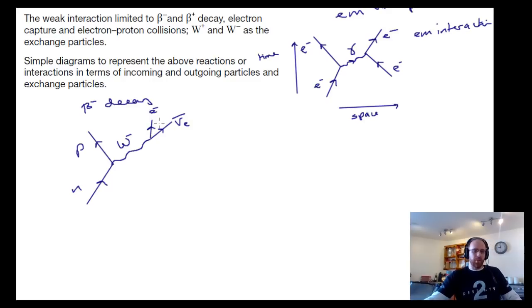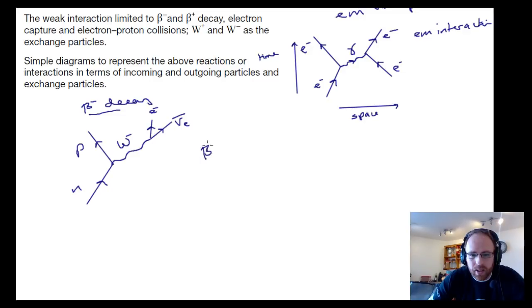We can't just make particles, that would ruin the universe. So this is a weak interaction involving the exchange particle, the W minus boson. So it's a decay of a neutron into a proton.